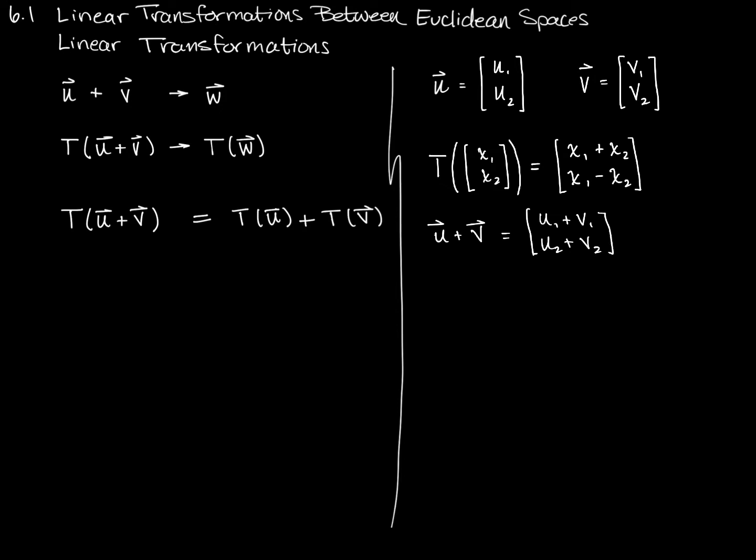And when I transform that, I get the transformation of (u1 plus v1, u2 plus v2), which is going to be equal to, I forgot my close parentheses there, the first component of this vector, which is u1 plus v1. That's this x1, right? This first component plus the second component, x2. So to that I need to add u2 plus v2.